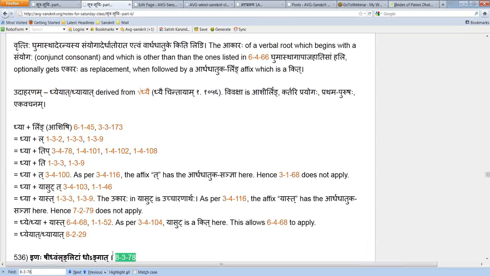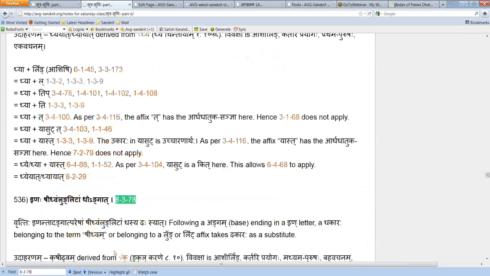It is Inashi Dhvam Lunglitam Dhongat. We did the Ashirling, because it says Inaha. So following the Inanta Angam, Paresham Shidvam, this is the Ashirling, and then Lung, Lit, Dhasya Dhasyat.